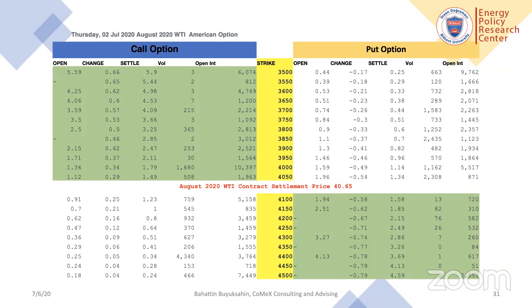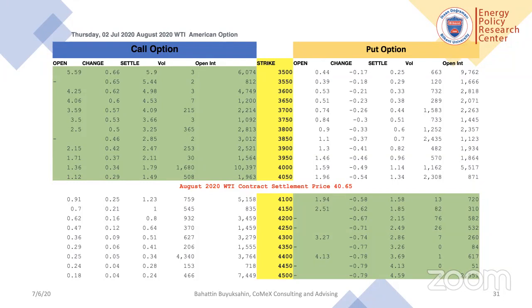It is 40.65. For a call option, if the strike price is lower than the price, then we call the option in the money. So I put the green color over there. For example, for a strike price of $35, the option price is settled at $5.9.